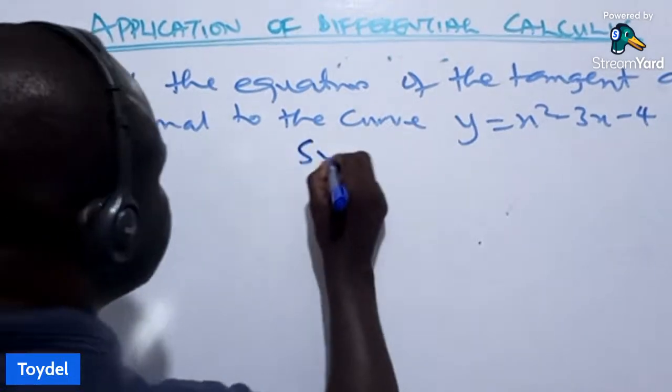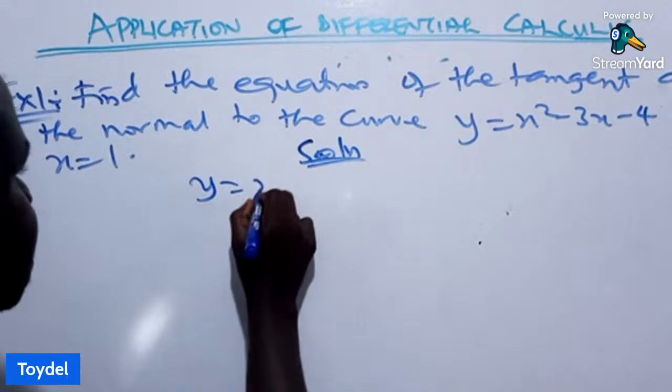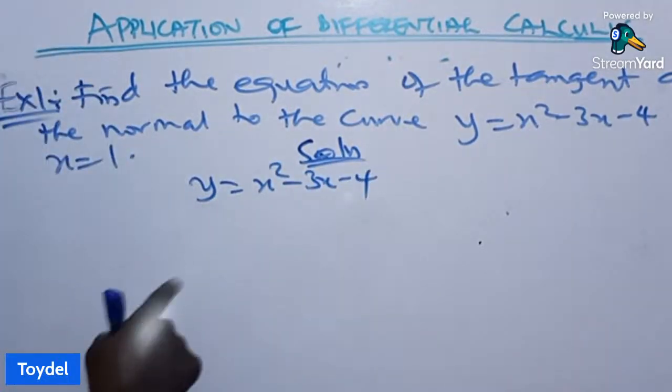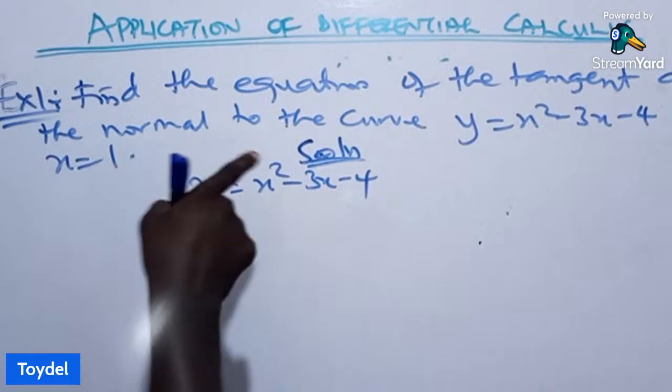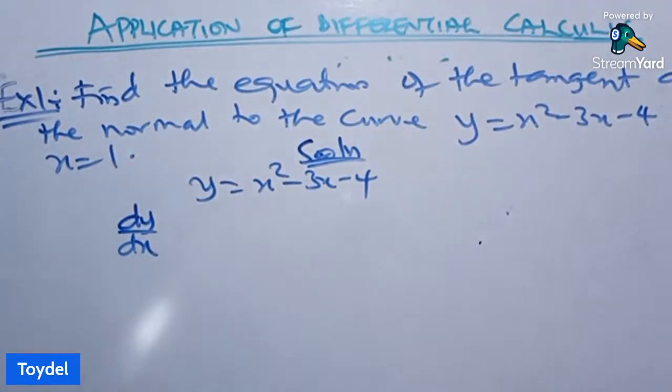So what do we do here? We are given y as x² - 3x - 4. For us to find the equation of the tangent to this curve, we need to find dy/dx, that is the derivative at that point.